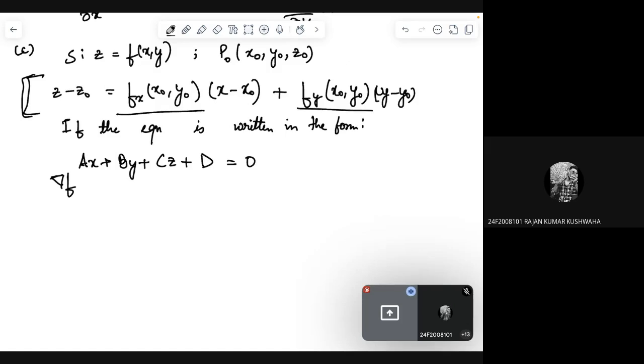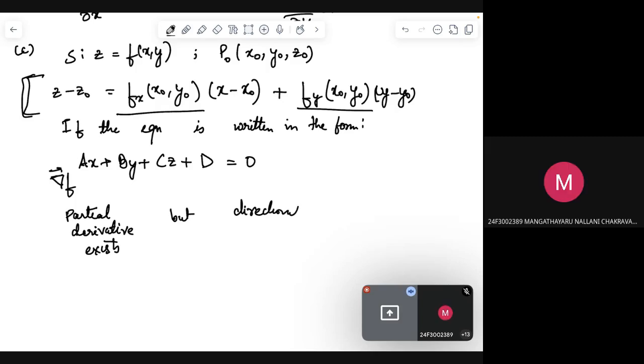So what does it mean? It means that this partial derivative exists, but the directional derivative may not exist.